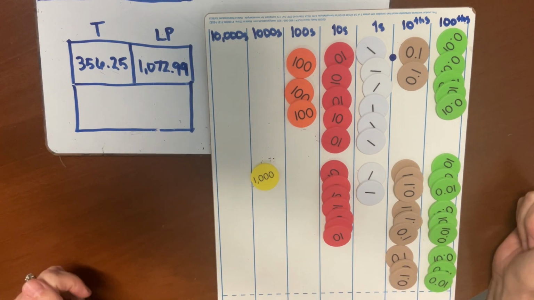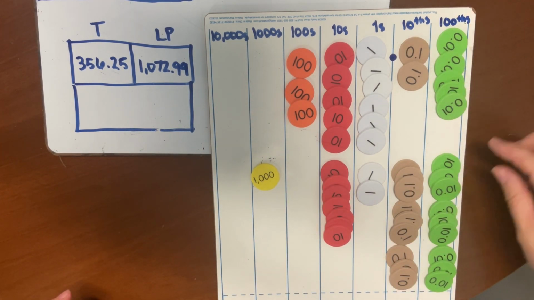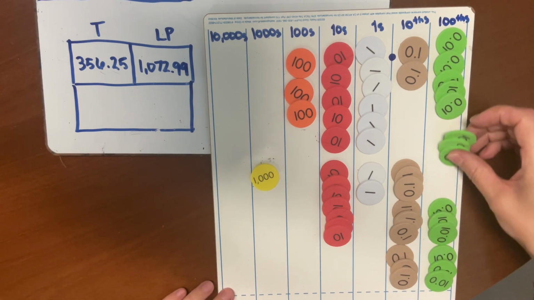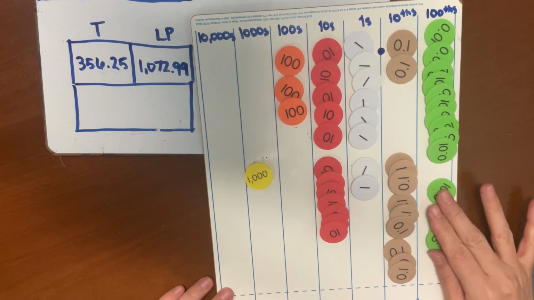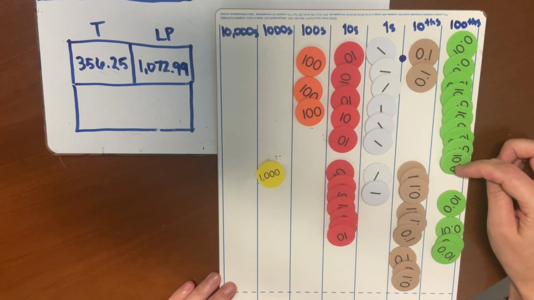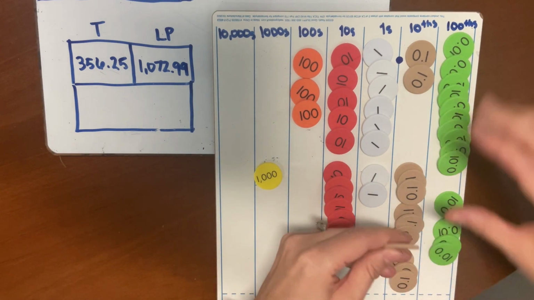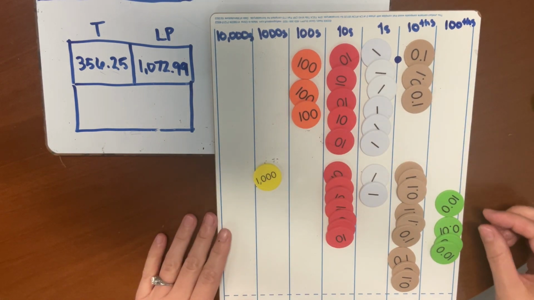Now I can start at any place, but I think I'll start in the ones and move over. So I know that when I put all these together, I have 2, 4, 5, plus 3 is 8, 9, 10. Well, if I have 10 hundredths, I know that that's equal to 1 tenth. So I can trade those and move this one over here.